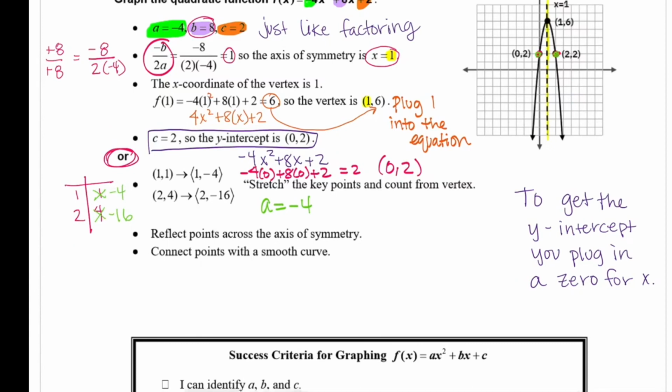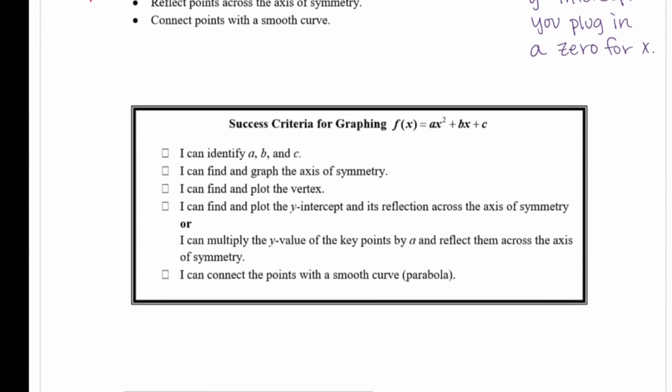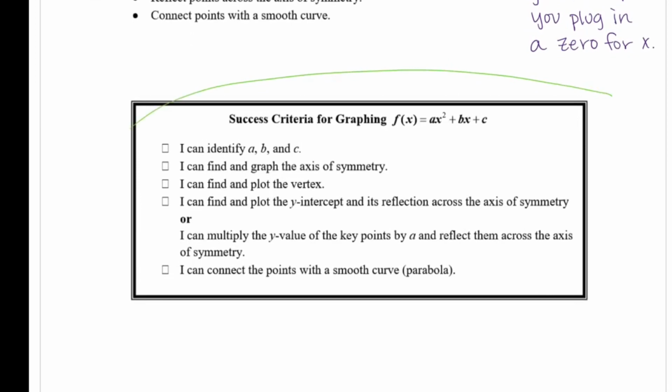Now, if we go from the point (1, 6), we go over 1, down 4, that gives us the point (2, 2), which can be reflected over the axis of symmetry to give us the point (0, 2) as the other point. So we get the same points either way. Now (2, -16), over 2 down 16, is going to go off the graph, but you can also put that point in.